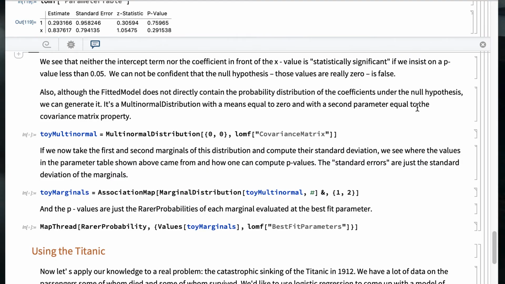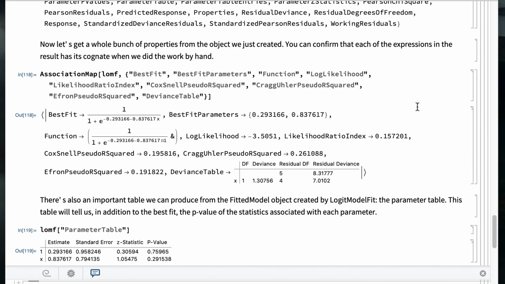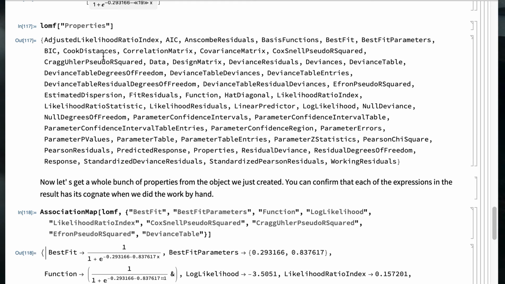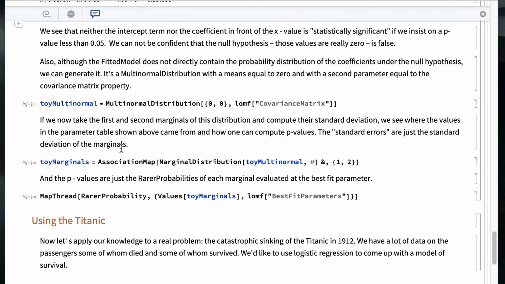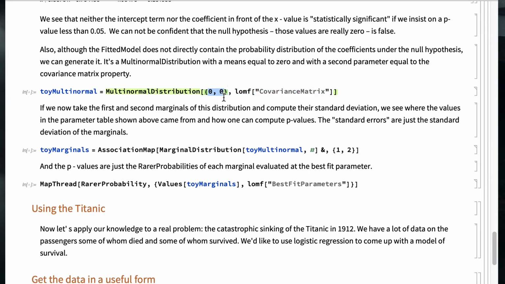Unfortunately, one of the things that's not in our fitted model object is the actual probability distribution of the parameters beta 0 and beta 1. We can construct that. We know for the null hypothesis, by the definition of the null hypothesis, the mean of the distribution is going to be 0, 0.